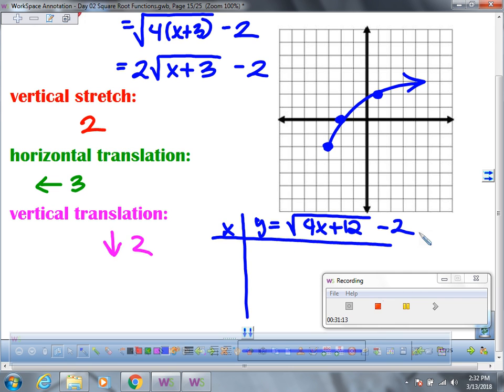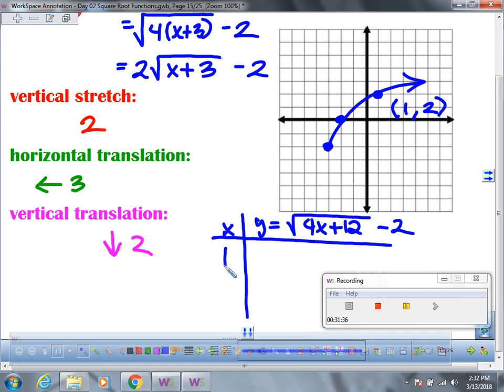All right, which point should I try? This point would be the easiest one, or this one, or this one. Which one do you want to use for x? I would use the 1, 2. Put in a 1 for x and see if I get 2 for y. So if I put in 1 for x, I should get 2 for y.